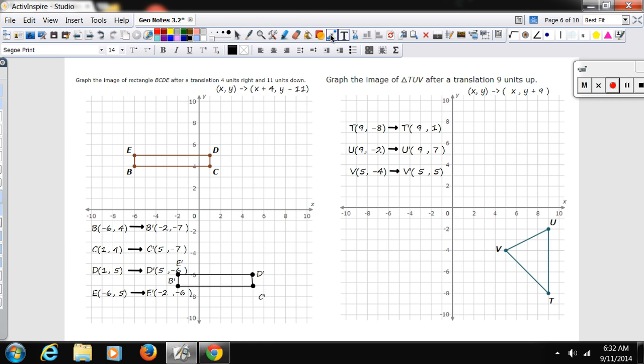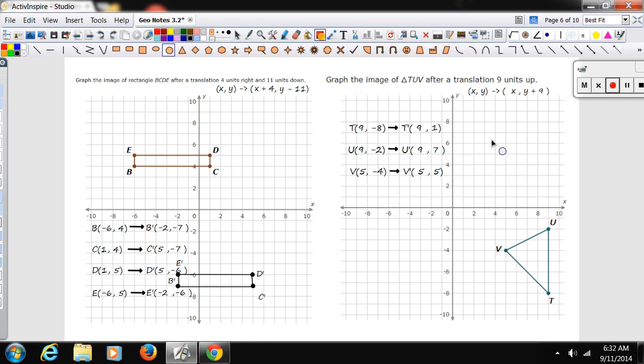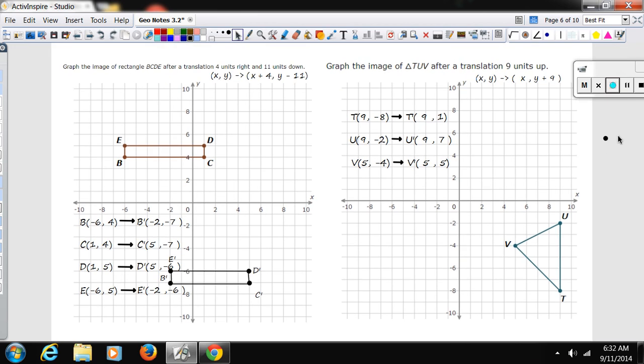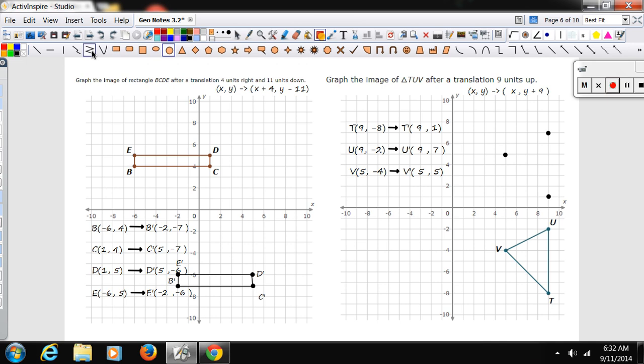So if we were to graph those 3 points, let's see, 9, 1, and 9, 7, and 5, 5, that would be the triangle that we would want.